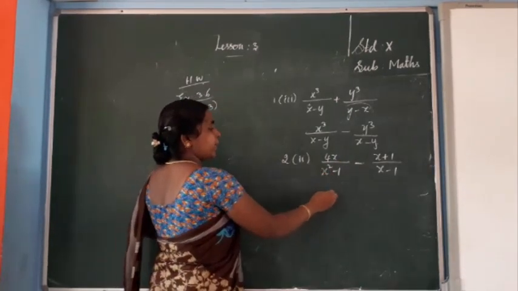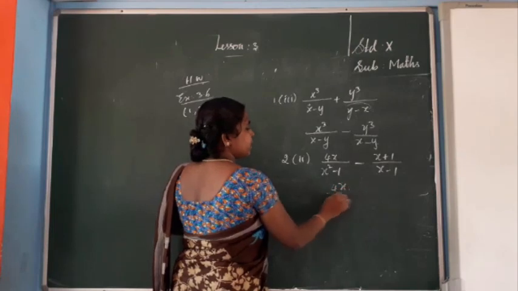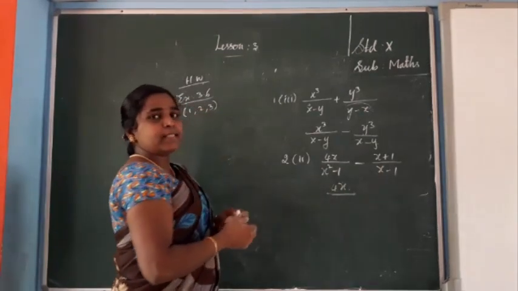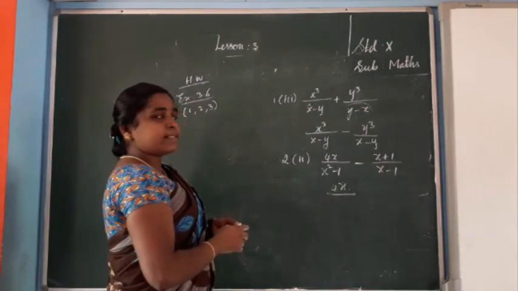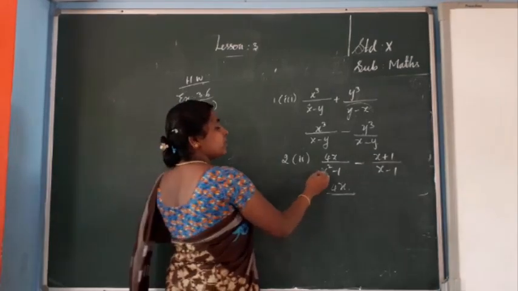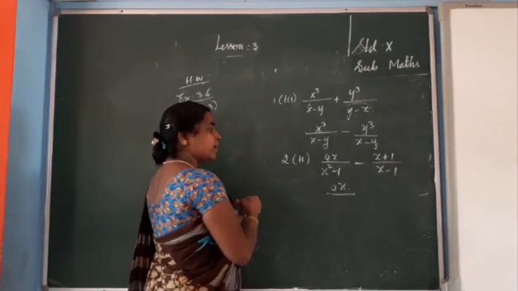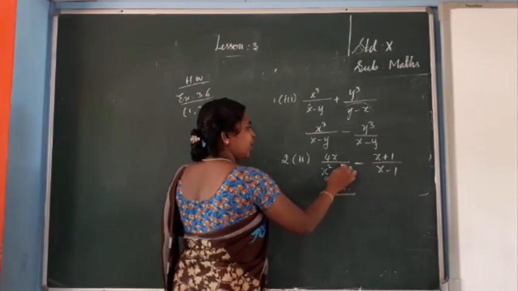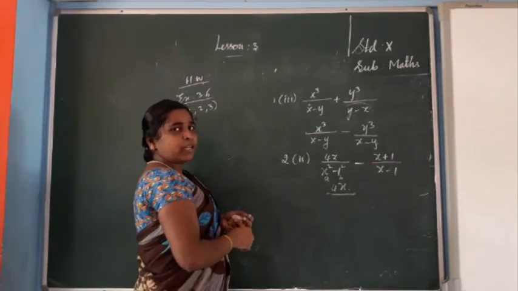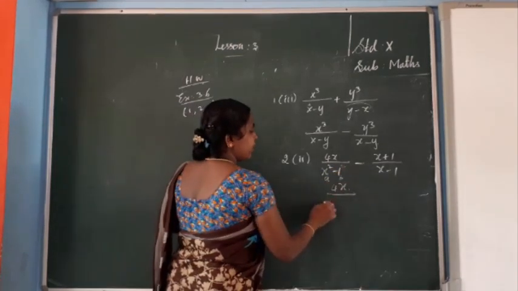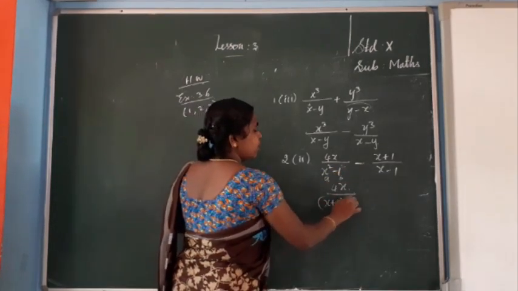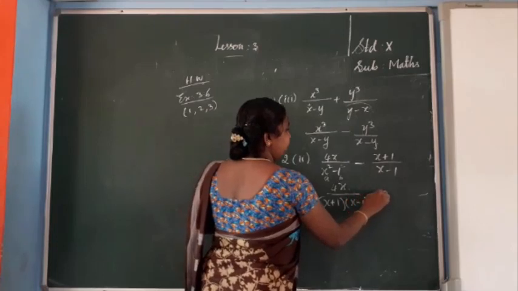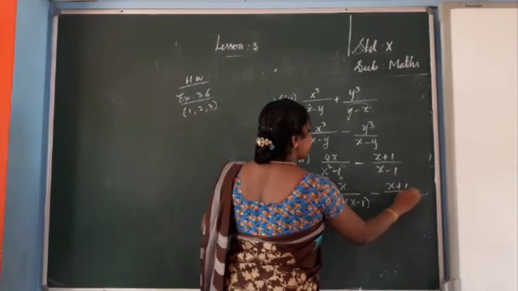So here x square minus 1 we can expand. It is in the form of a square minus b square, and the expansion of a square minus b square is a plus b into a minus b. So instead of a here x, instead of b 1, you can think that is 1 square, so 1 square value is 1. Okay. So expand that: x plus 1 into x minus 1, minus x plus 1 by x minus 1.